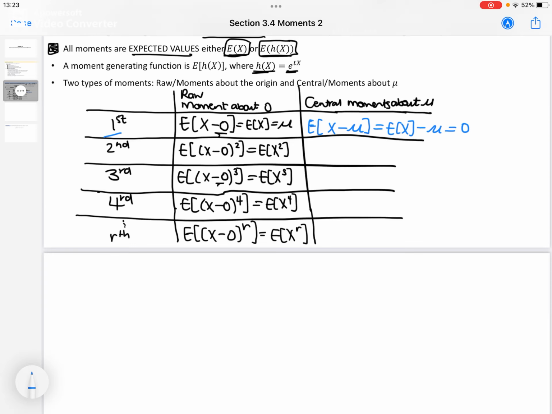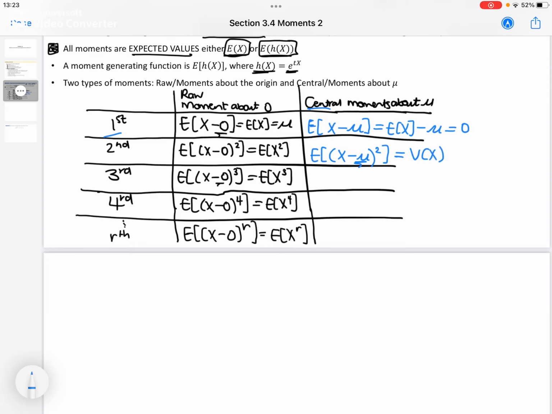Now, the second central moment about mu is defined as the expected value, in brackets, you have x minus mu, so it's about mu, all squared, and so we know that this is equal to the variance of random variable x.